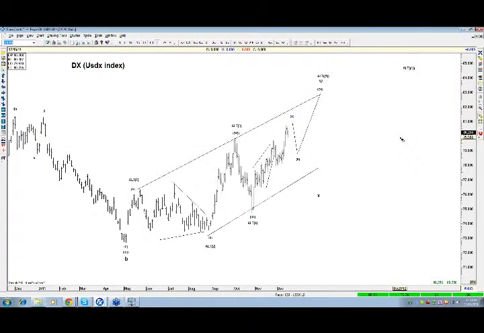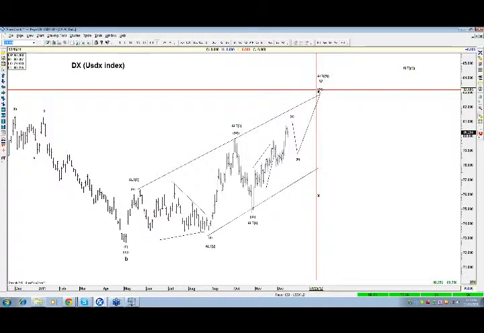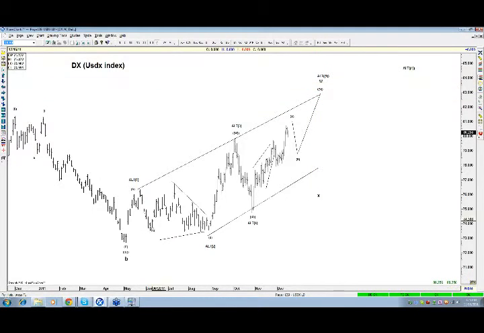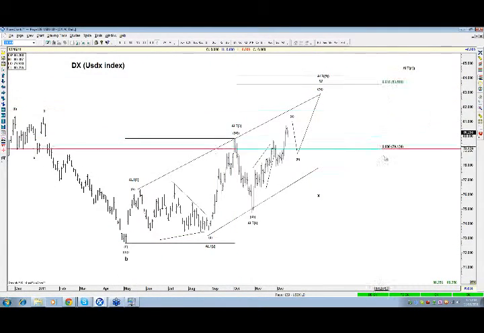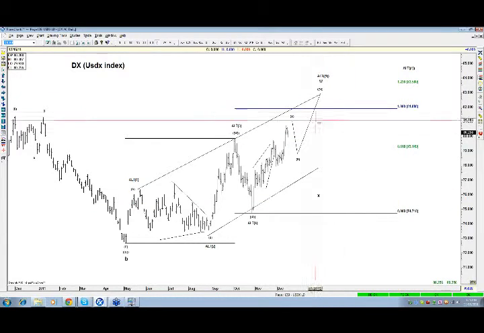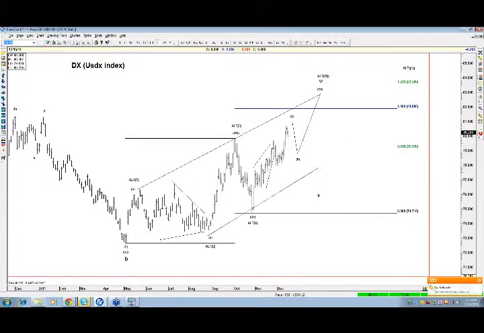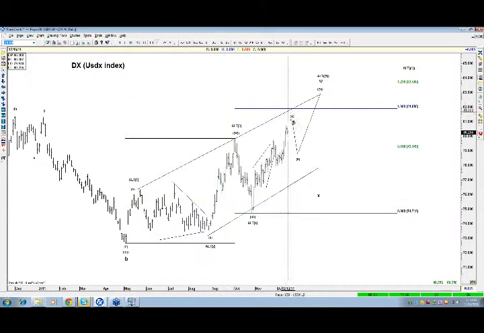That can be one case. 1, 2, 3, 4, 5, 6, 7. A double zigzag that is taking place to the equal legs right there, to around 81.90. That can be possible in the dollar.